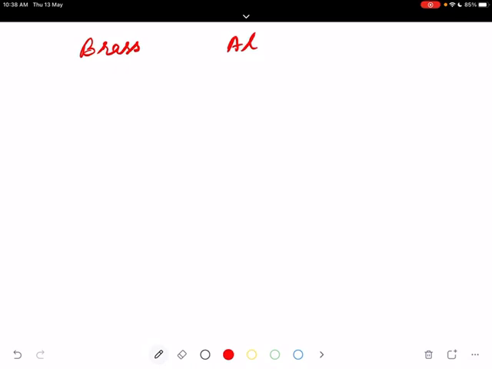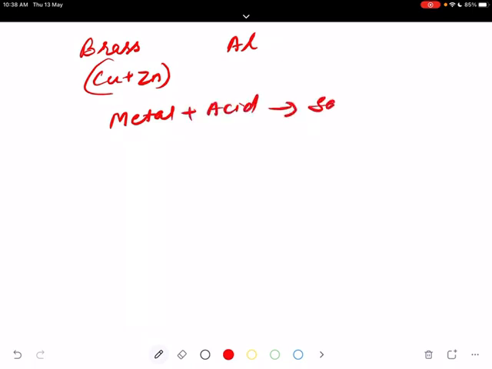Brass vessel. Brass is copper and zinc. It is an alloy of copper and zinc. So these metals will be reacting with acid to form salt and hydrogen. We know that metal plus acid gives salt and hydrogen. So what happens? This curd is acidic. So when curd is kept inside these metallic vessels, the reaction will be taking place.